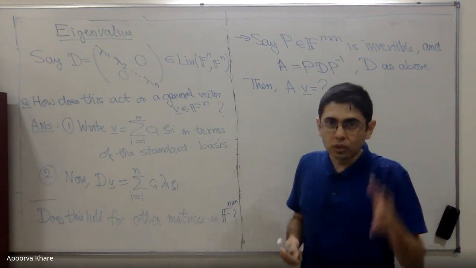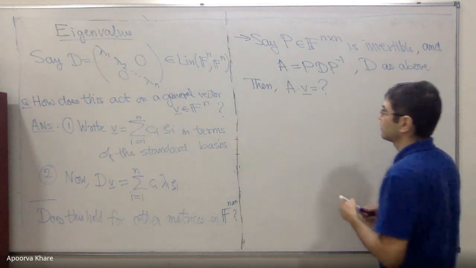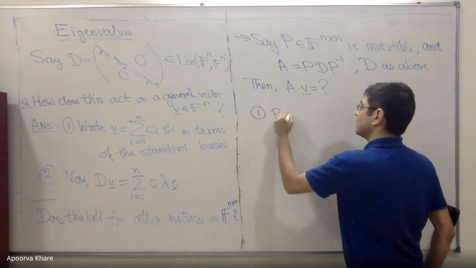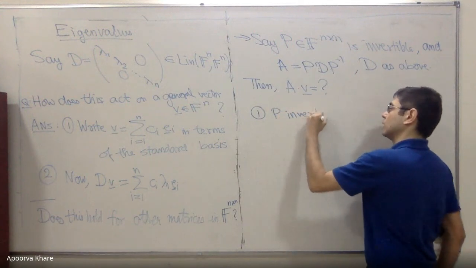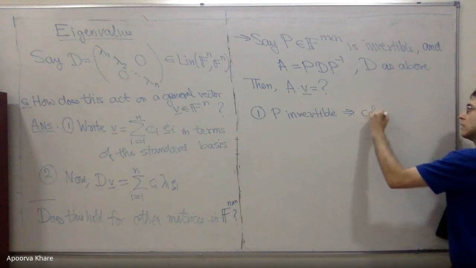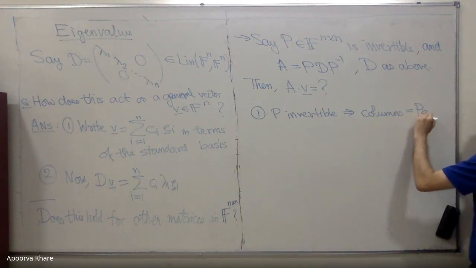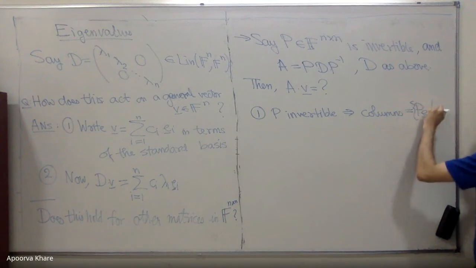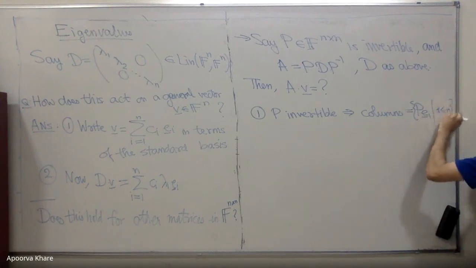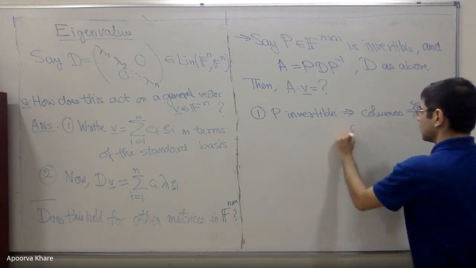So you look at the columns of P. These are a basis of F^n because the column space is F^n. So P invertible implies the columns, and what are the columns? They are exactly P e_i, i goes from 1 to n. Those are the columns of P. They form a basis of F^n.